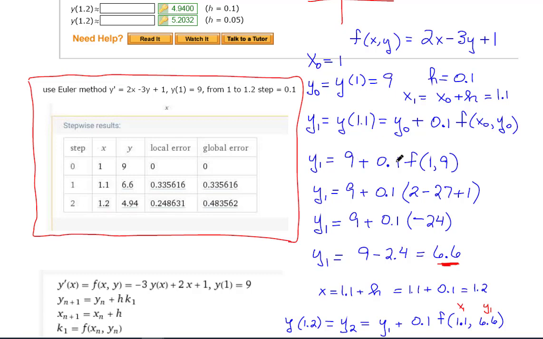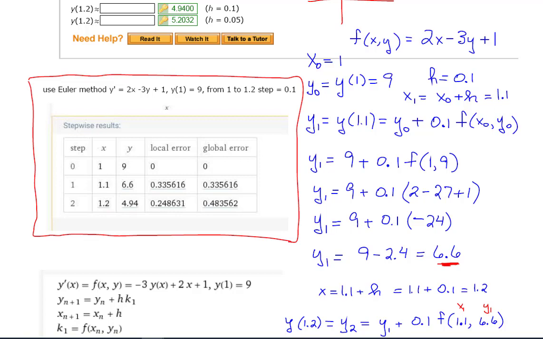Step size is 0.1, and I'm putting 1, 9 into my vector field, my flow function. When I do that, I get a minus 24, and so I get 9 minus 2.4 or 6.6, and that's exactly what we have in the table there on the left.